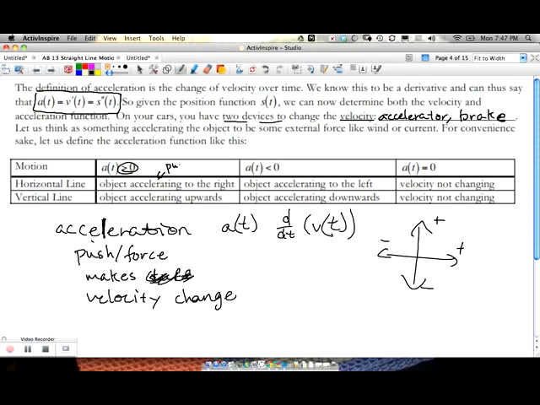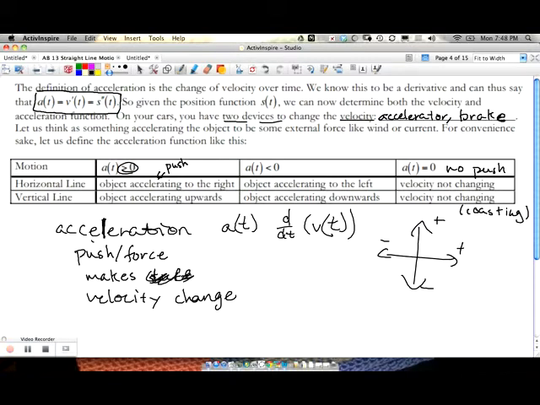And then when there's no push, it's more like you're coasting. You're not pushing, you're just kind of free riding.